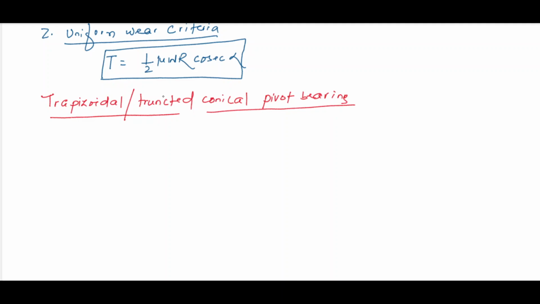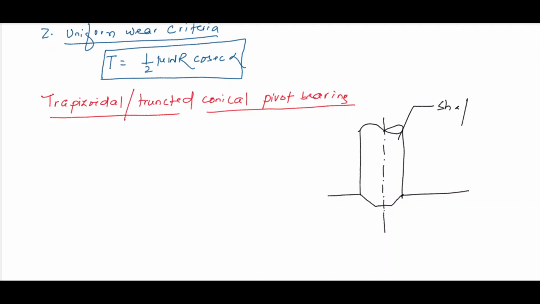So the schematic of this truncated conical pivot bearing is like this. We'll have the shaft in this way, and this is the center axis of the shaft, and the bearing part is this. So this one is our shaft, and this portion is the bearing.